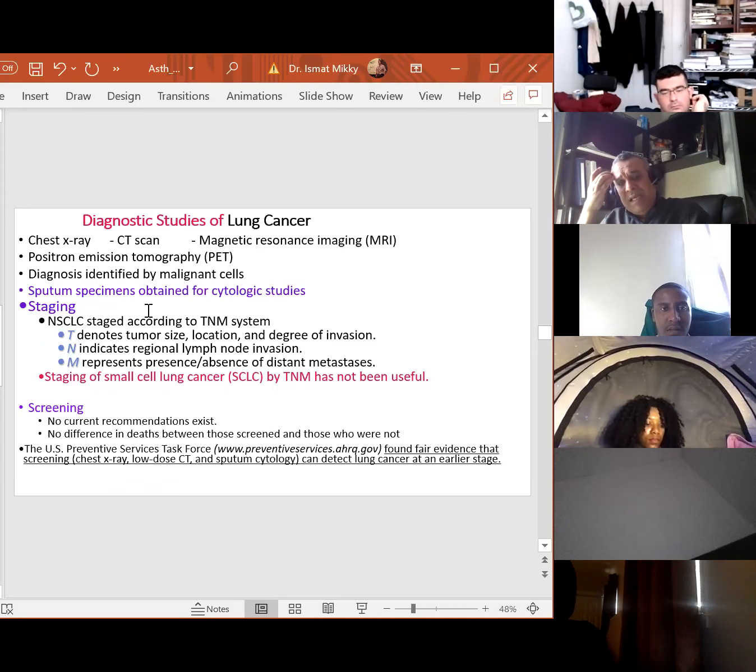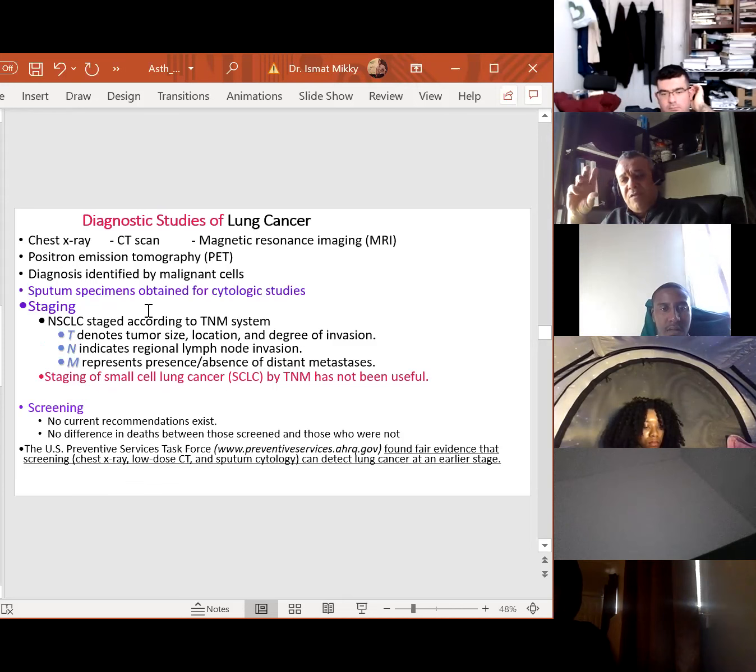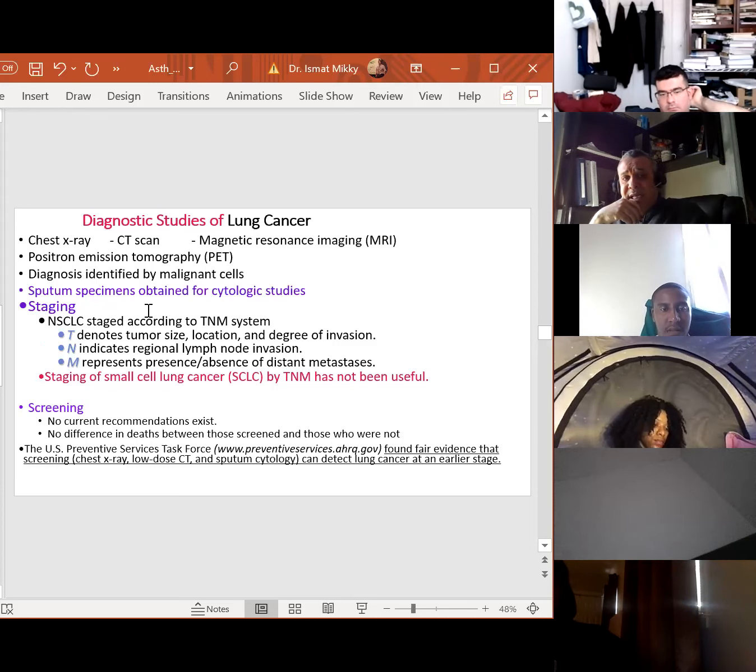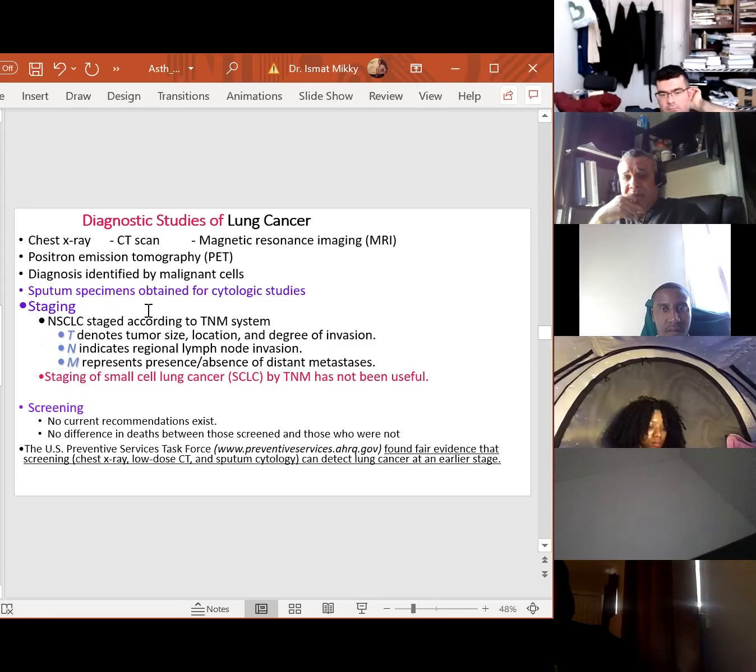The problem with the staging system is that we have two different types of lung cancer: non-small cell lung carcinoma, NSCLC, and small cell lung carcinoma, SCLC.